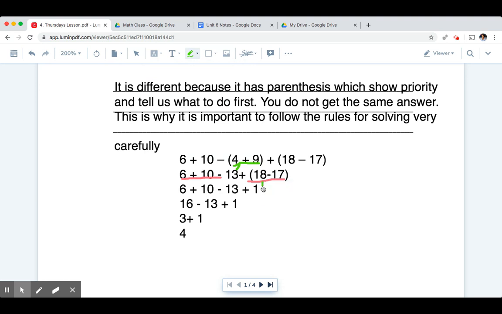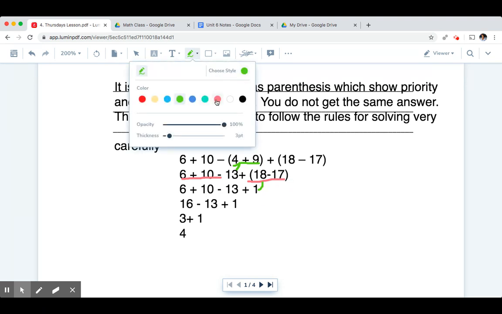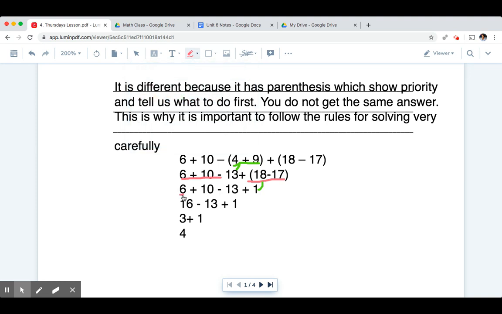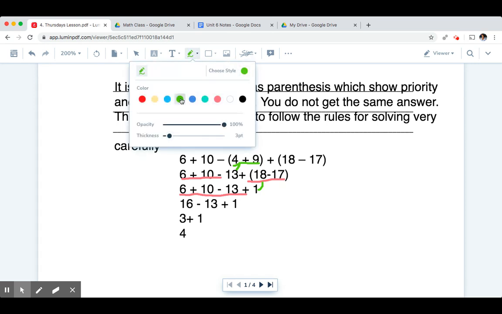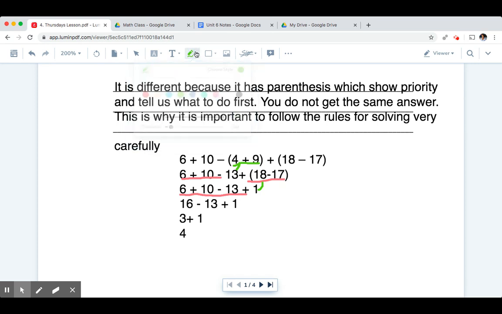And that got me 1. And then I rewrote the rest of the expression because I haven't solved it yet. Next, I only have addition and subtraction now with no more parentheses. So now I can solve from left to right.